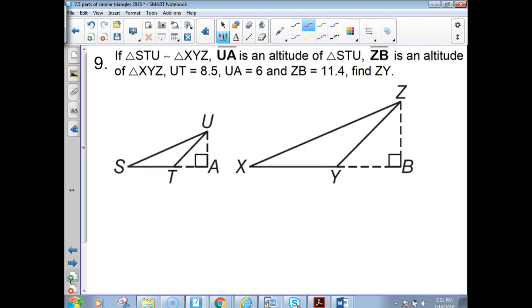Number 9, I've got that UA and ZB are altitudes, and then UT is 8.5, so I'm going to just label my picture. UA is 6, Z to B is 11.4, find ZY. Okay, set it up for me.